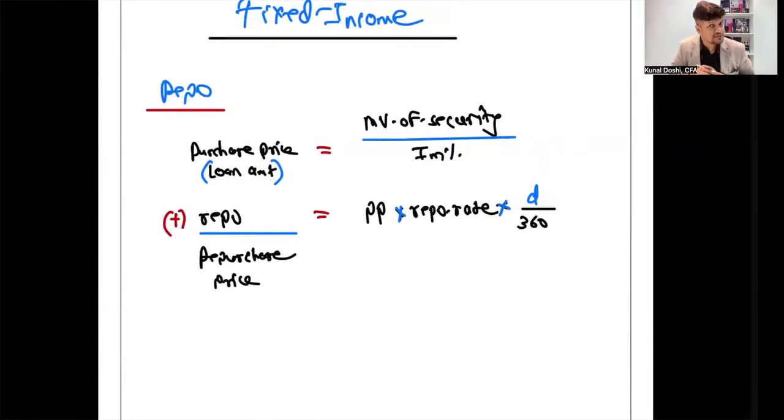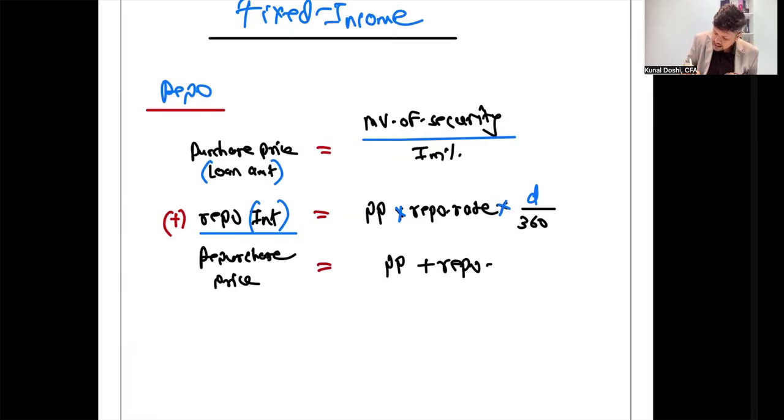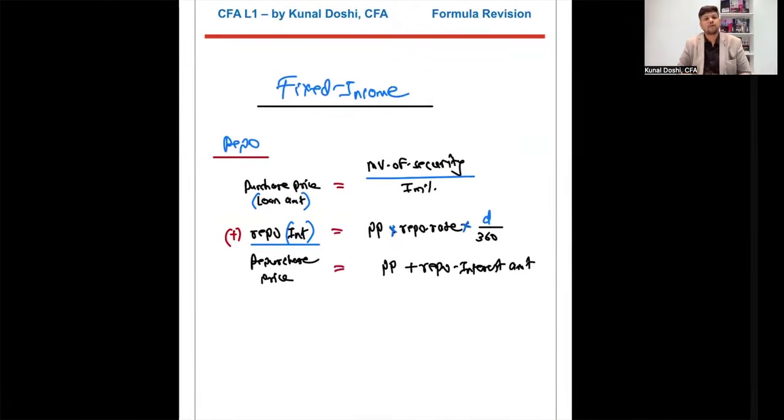Is this clear? So purchase price times repo rate times D by 360 gives you the repo amount, which is nothing but the interest amount. Together, these two become my repurchase price. So repurchase price is nothing but the purchase price plus the repo amount, or the interest amount. Is this clear, everyone in the class? Everyone, check and confirm.